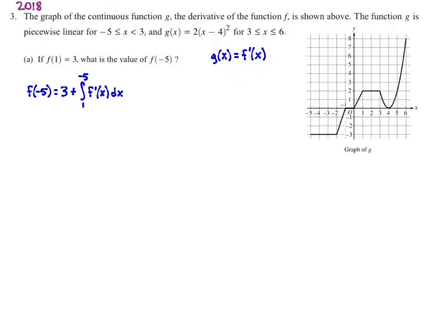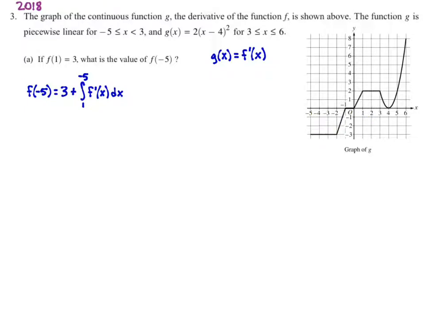And because f prime of x is equal to g, all I have to do is find the area under g, because I'd be looking for the area under f prime the same way. Now one thing I note here is that this is an integral from 1 to -5, so we're actually moving backwards.